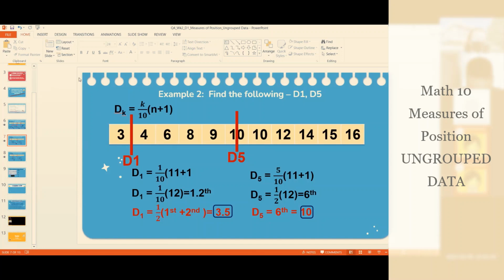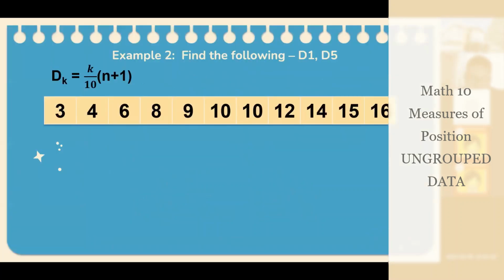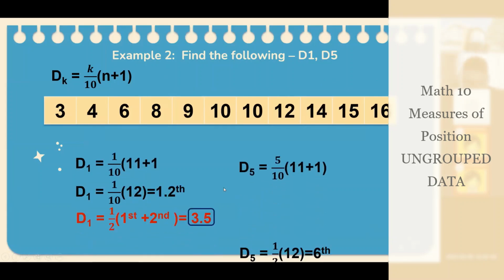Wait, let me palakihin ko ulit. So, let me repeat. 1/2 of 12 is 6. Again, 5 over 10 kasi is 1/2, nireduce lang sa lowest term. So, yung exactly pang 6 ang kukunin mo. It's exact.